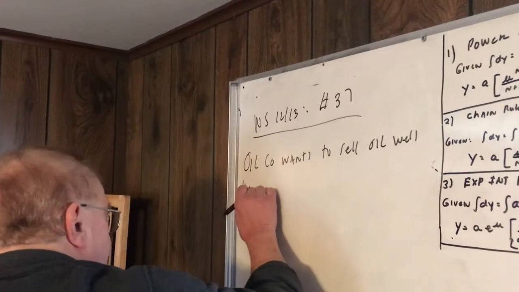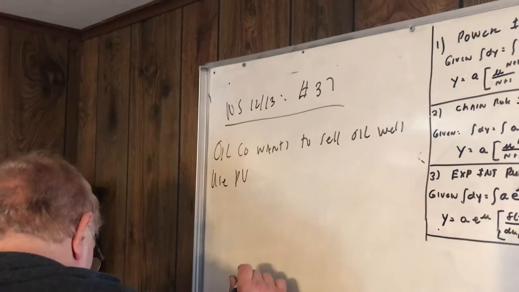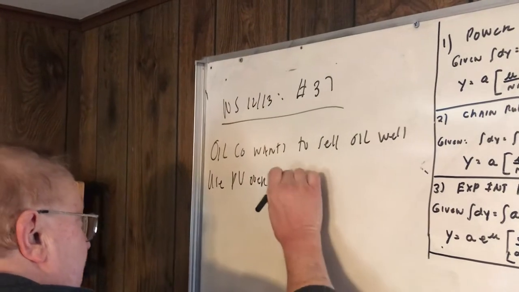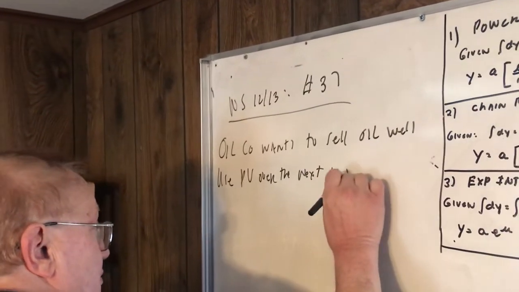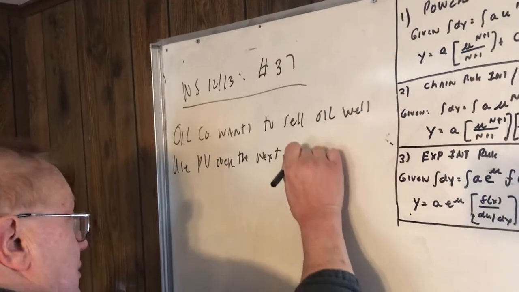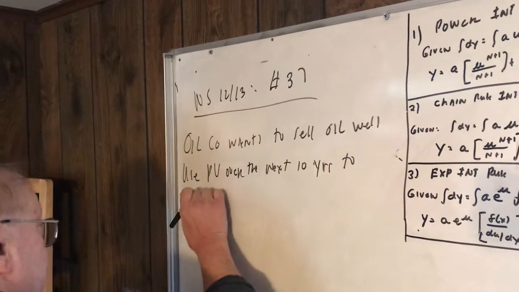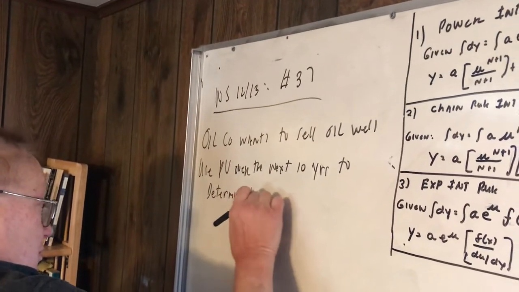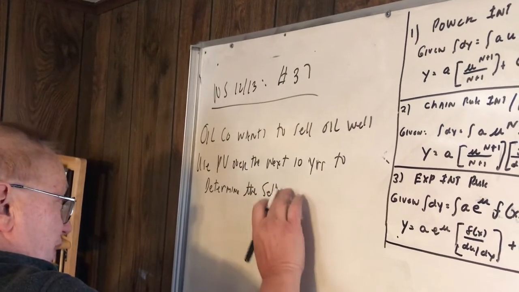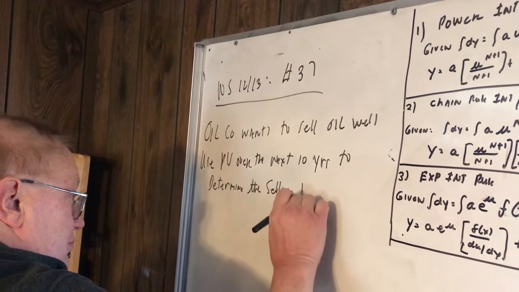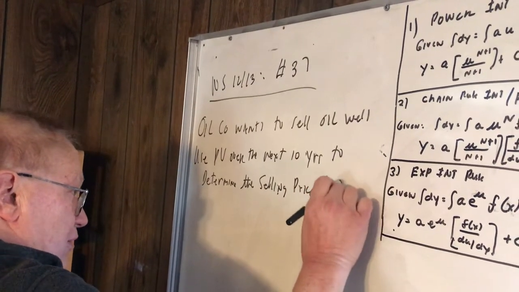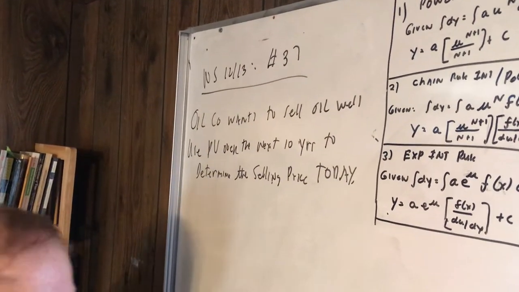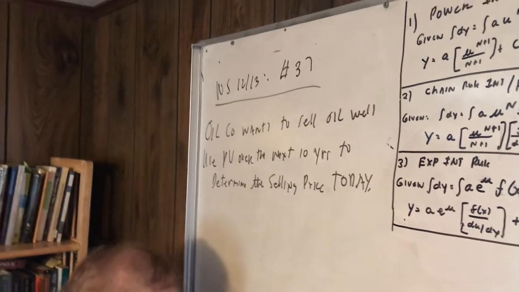The company is going to use the present value over the next 10 years to determine the selling price today. That present value means what is it worth today if I assume this income is going to be generated.